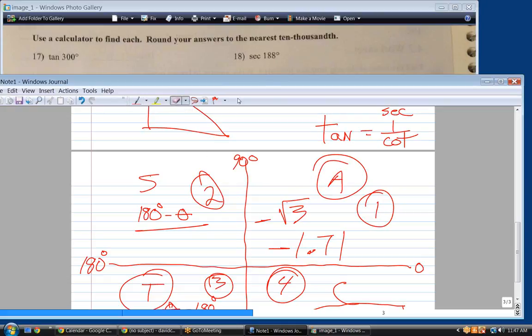Now, how do you do the reciprocal ones? Since your calculator doesn't have a secant key, what key are you going to push? Cosine. The cosine of 188. What does your calculator tell you that is? Negative 0.99.